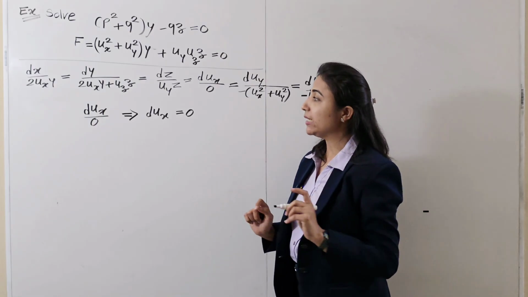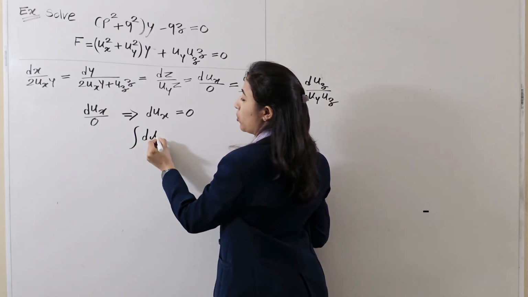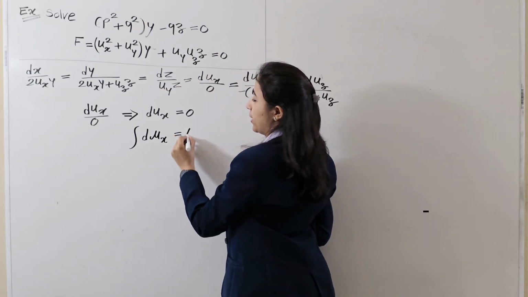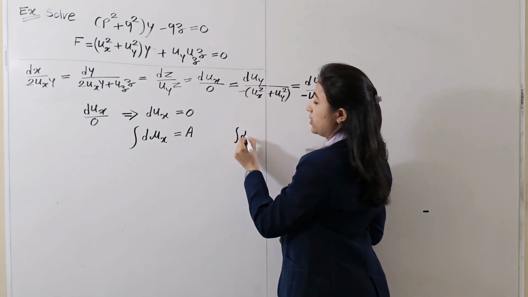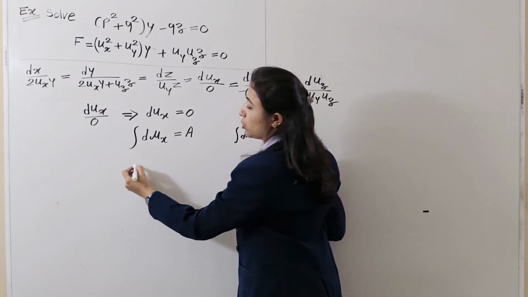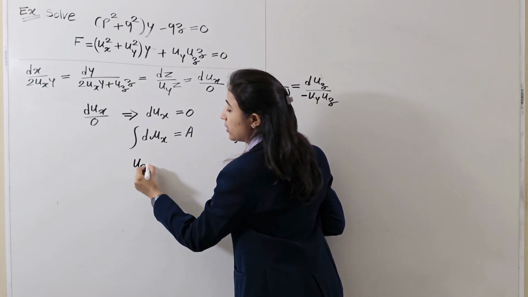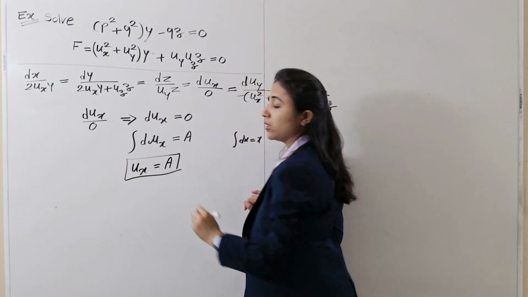Yes, we can integrate this term easily. So integrating both sides you will get the integration of du_x equal to the integrating constant a. Now the integration of dx is x. Similarly here the integration of d of u_x gives u_x equal to a. So we get the value of the first, u_x.